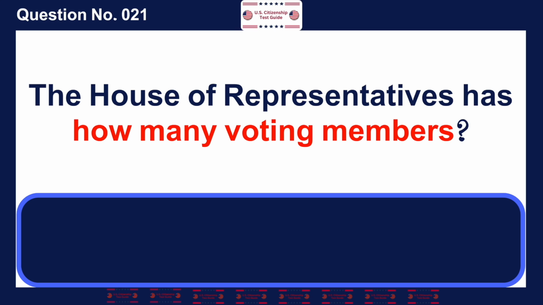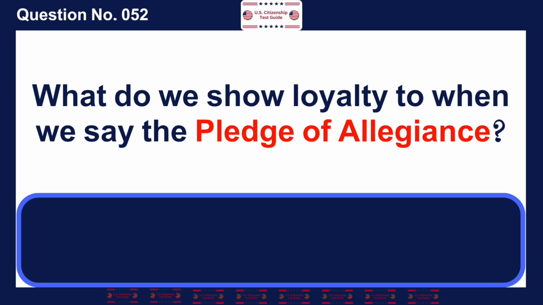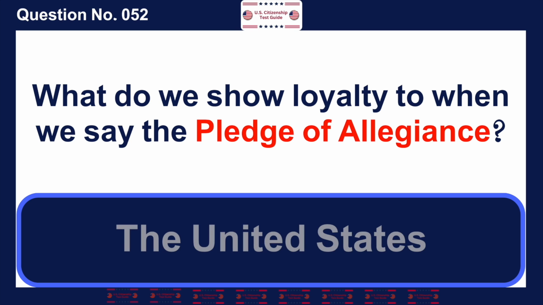The House of Representatives has how many voting members? 435. What do we show loyalty to when we say the Pledge of Allegiance? The United States.